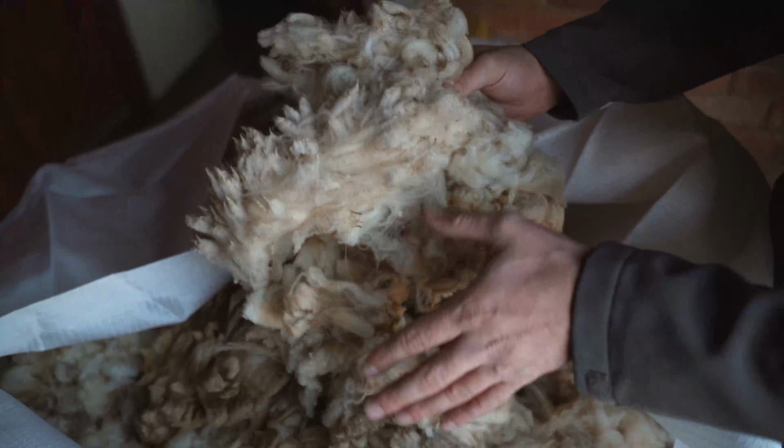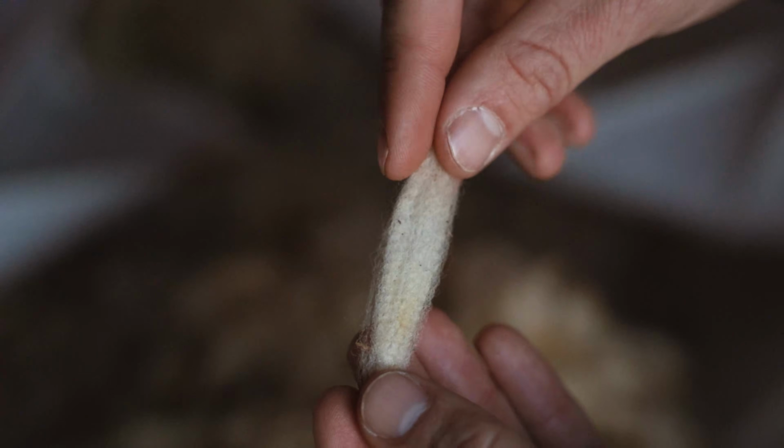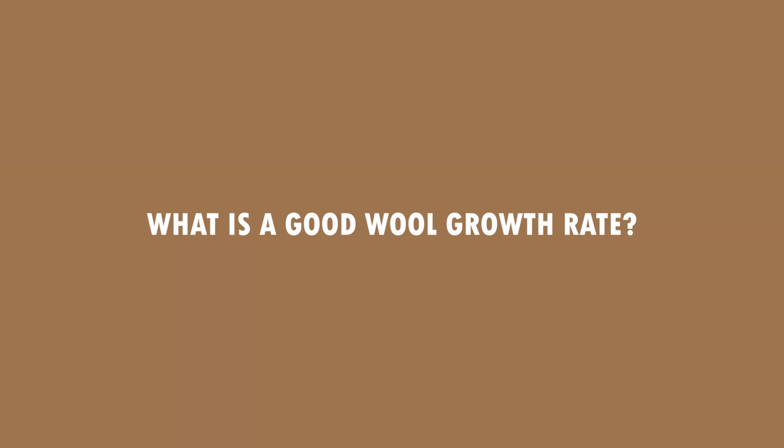These are Dohne Merino sheep, which have a dual purpose for the wool as well as for the meat, so you can make money in 2 different ways. The wool growth rate is normally between 0.3 and 0.5 millimeters a day, which is roughly between 10 and 13 centimeters in 6 to 8 months.